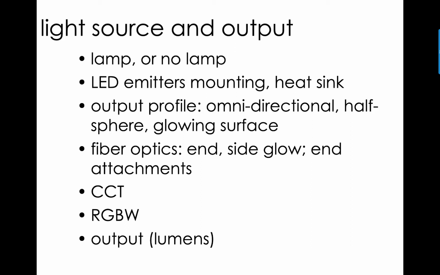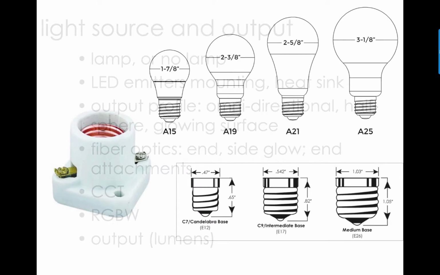If it's meant for a lobby of a hotel that has 40-foot ceilings and the fixture is 12 feet high, it's probably going to throw out an awful lot of light, maybe 5,000 lumens. If it's meant for a dining room, it probably is going to be more in the 75 to 200 lumen range, just depending on the effect you're going for.